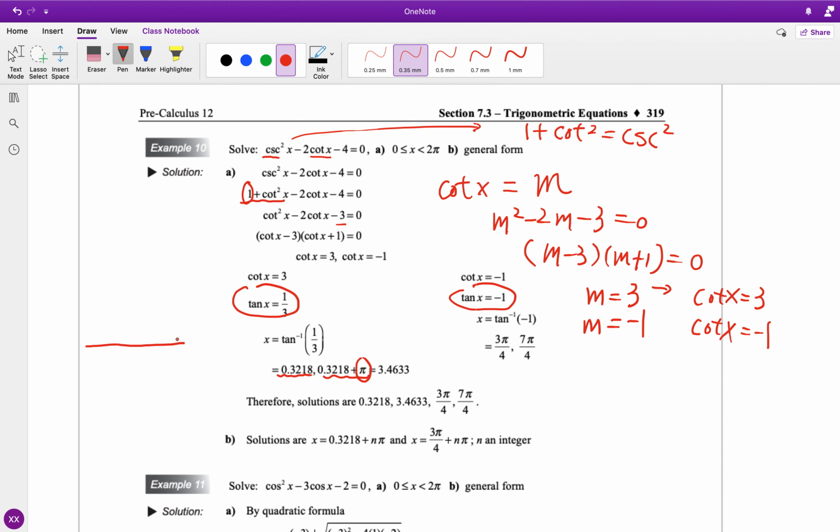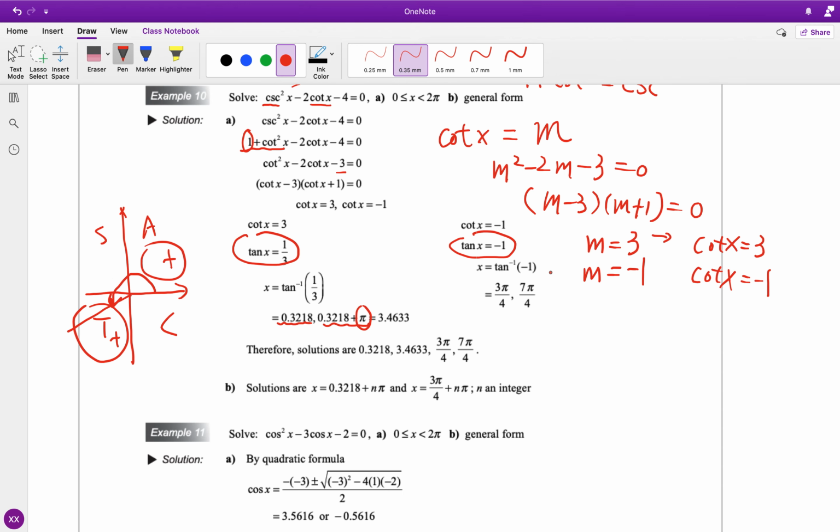It is because for tangent, again and again, all students take calculus. In this region and this region, tangent is positive, right? Because tangent is a positive value, your first one is this one. That means your reference angle here is 0.3218, and then of course you add a pi to this, and this is your other angle.